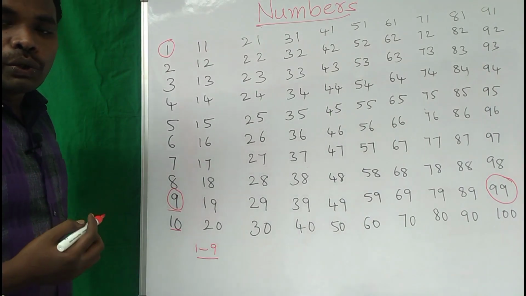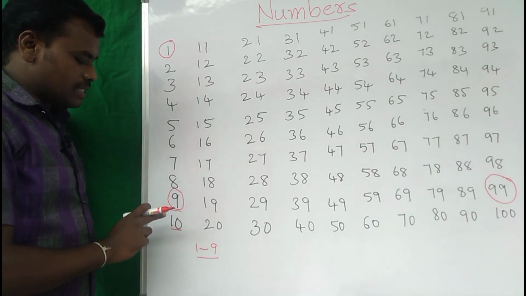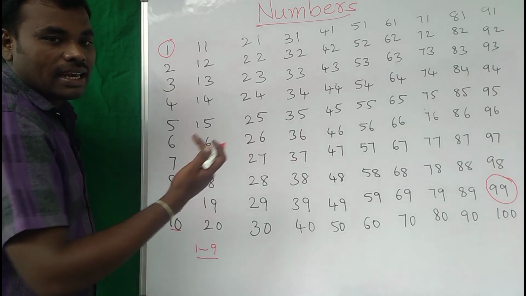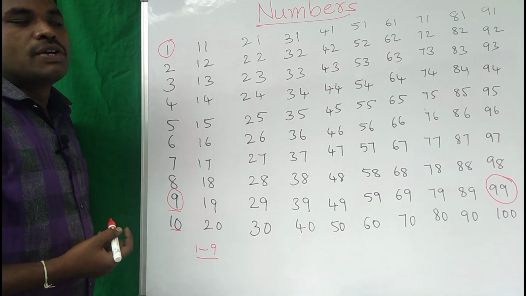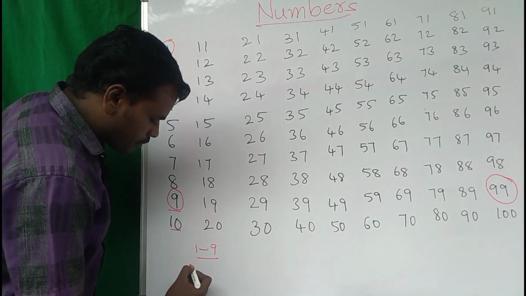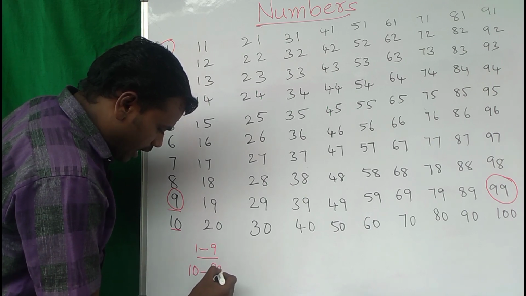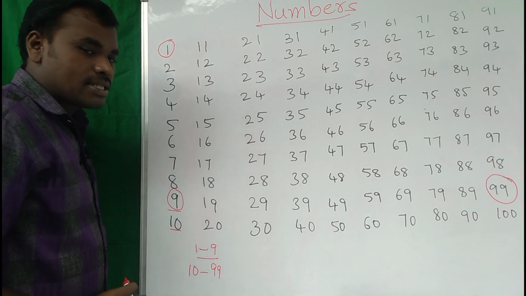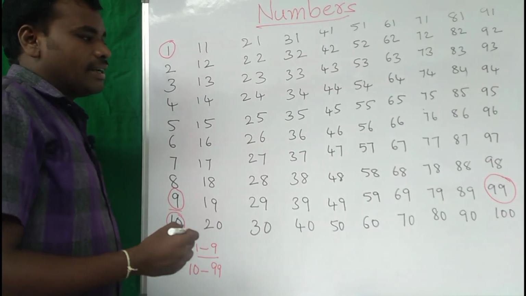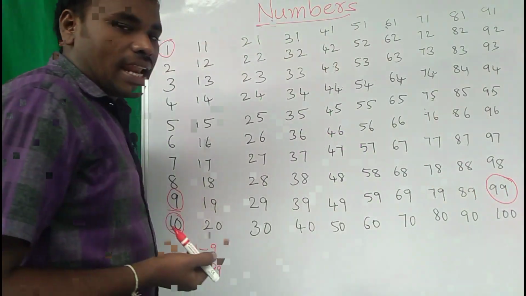These are the two digit numbers. Two digit numbers start from 10 and end with 99. So the smallest two digit number is 10 and the biggest two digit number is 99.